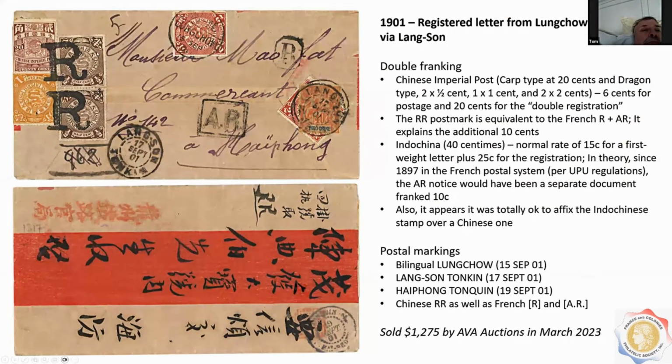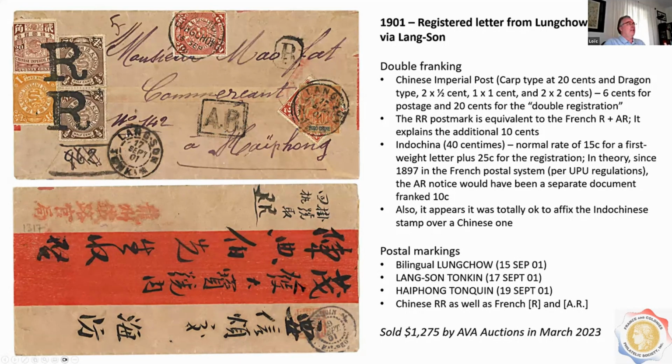Here we have another one, which is this time registered, and actually what we call double register or register with receipt. So you have the Chinese mark R and R, double time, struck twice, and then you have the French hand stamps registered, recommandé, registered, and then accusé de réception AR in a frame.